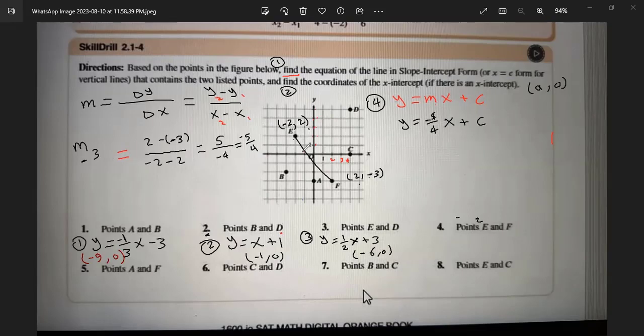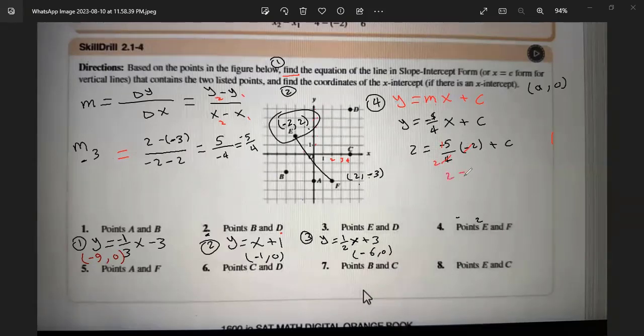Plus c. Now we plug in any value; the easier value is the least digit, so the least digit at x equals -2. Plug it here as well. So 2 equals -5/4 times -2 plus c. By calculator, this becomes positive 5/2.